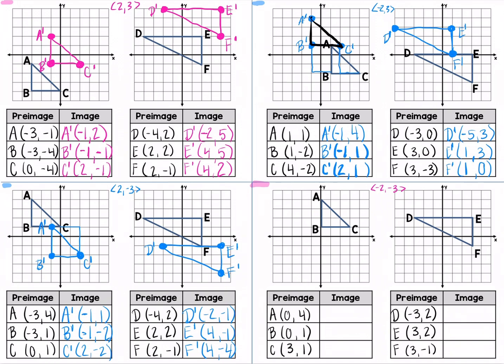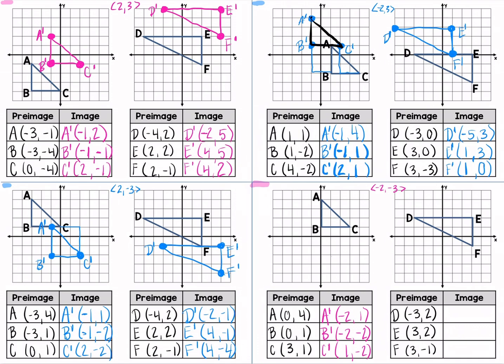So now let's find A prime, B prime, C prime. So A is going to be -2, 1. B is going to be -2, -2. And then C is going to be 1, -2.